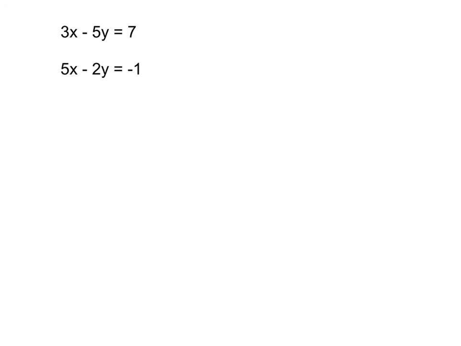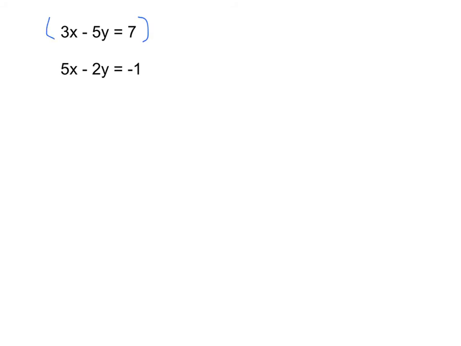Alternatively, we could use these same two equations to eliminate y and solve for x. So we need to choose numbers to multiply the top and bottom equation by so that we get exactly the same result of eliminating a variable.